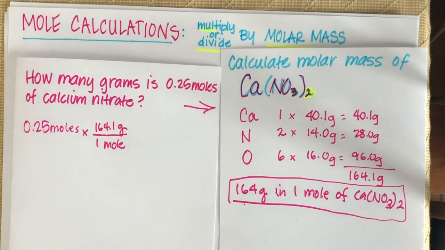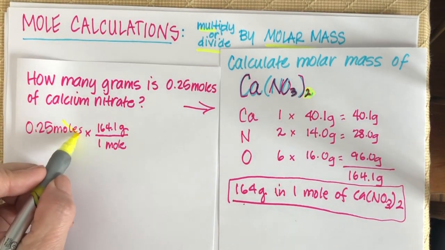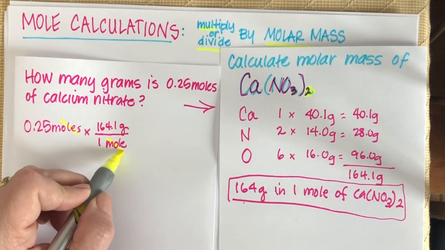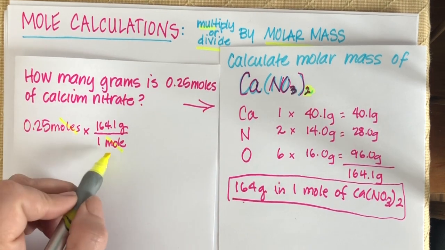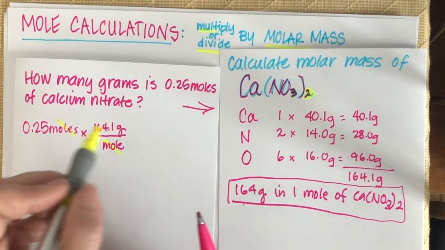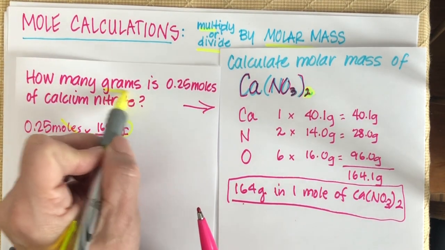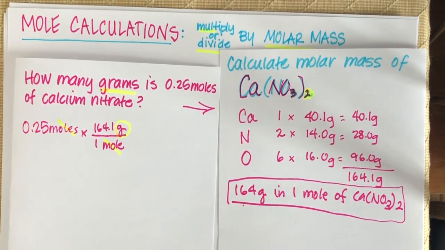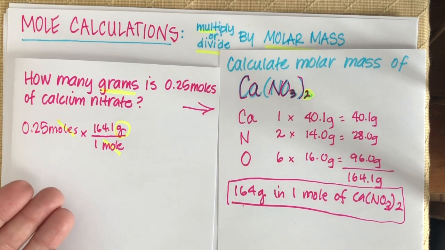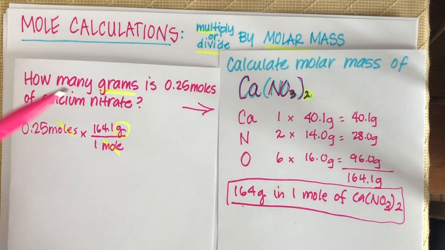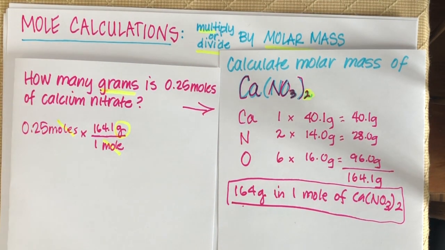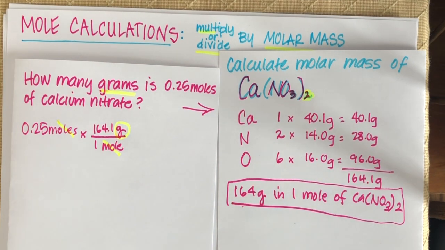Why would I do that? Moles on the top, moles on the bottom. Those two units cancel, and my answer ends up in grams. And what's the problem asked for? Grams. So once again, when I put the ratio together, I put grams on the top because grams is what the question asked me for.